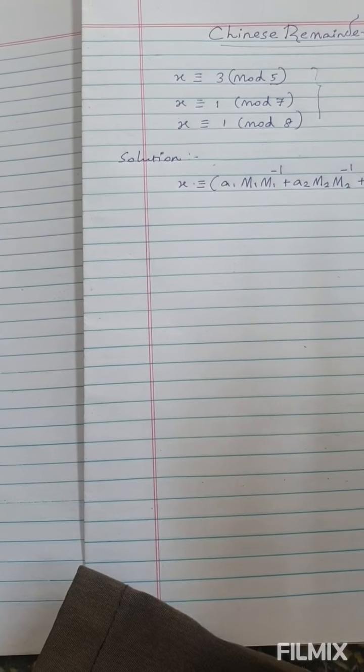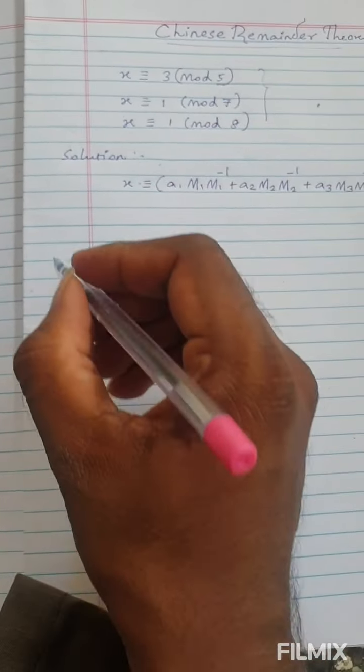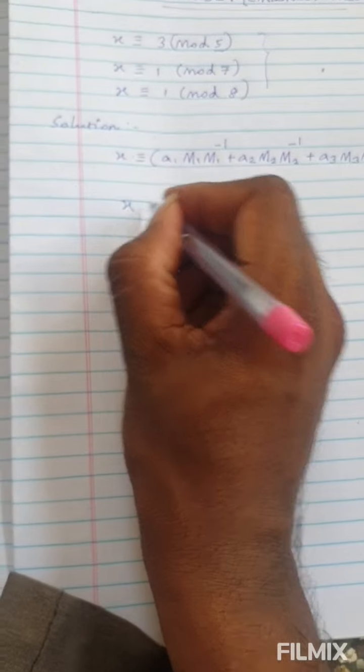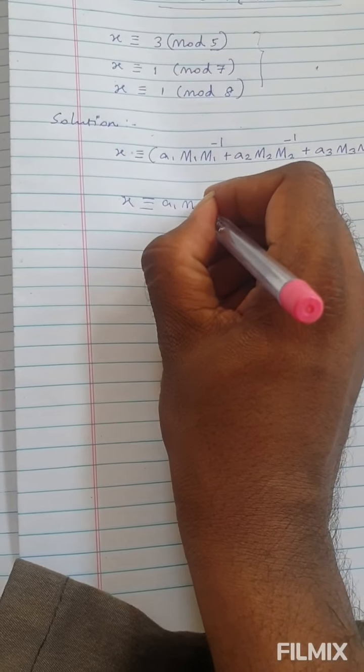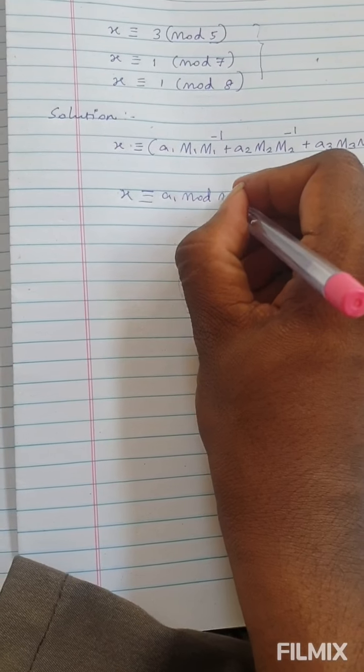The generic equation is written as x congruent to a1 mod m1, small m1.